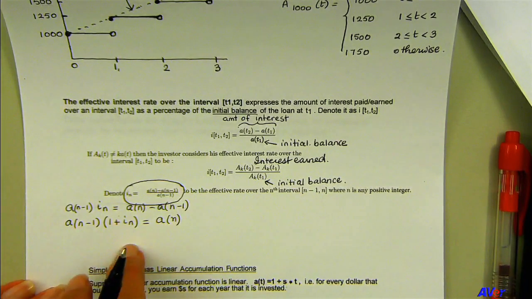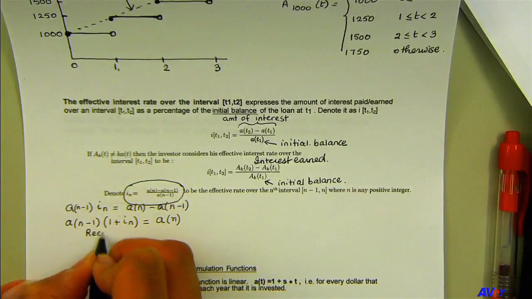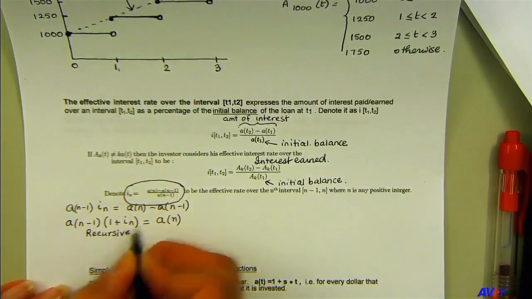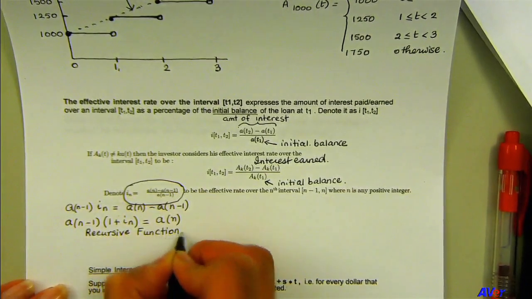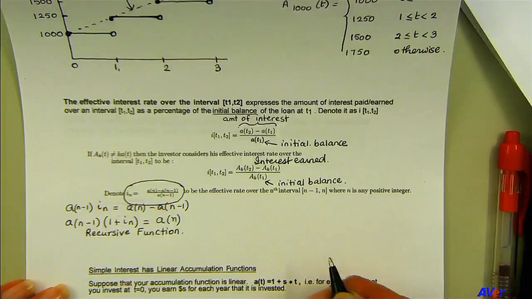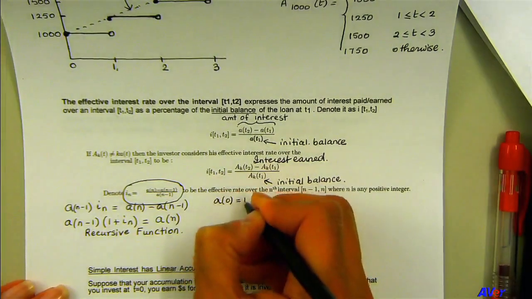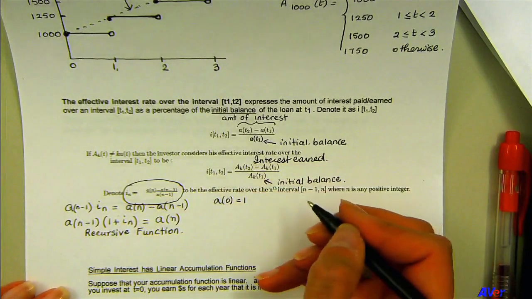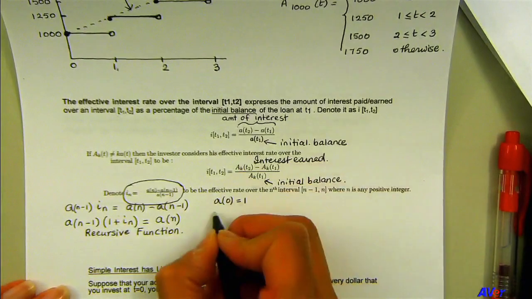So this is a recursive relationship, a recursive function. If you want the accumulation at time n, simply take the accumulation function at the time before and grow it by 1 plus I. So this is saying a of 0 is 1. A of 0 is always 1, right? It's defined that way. That's the accumulation function. A of 0 is 1. A of 1, I'm using this, okay?